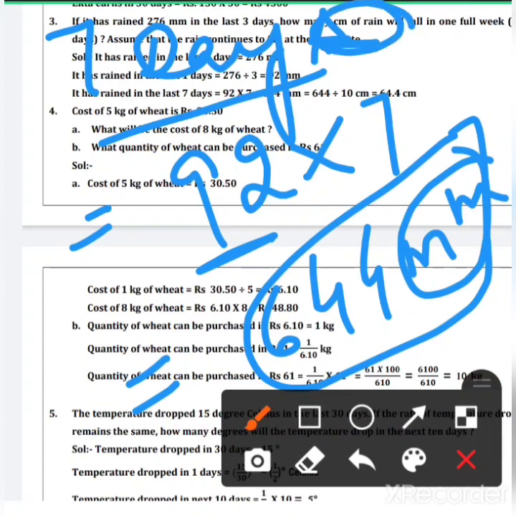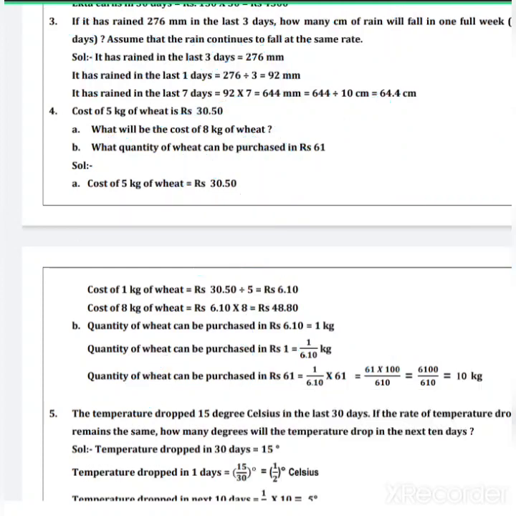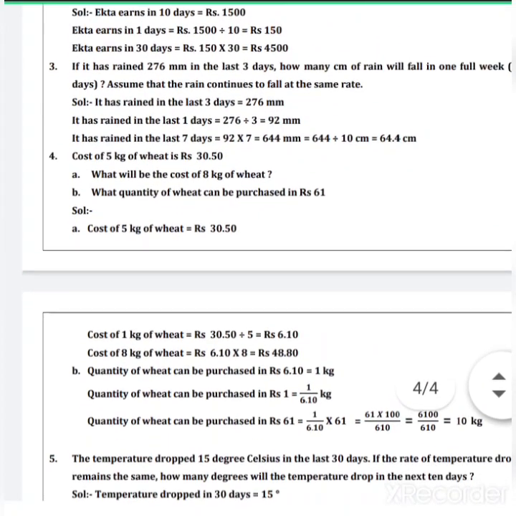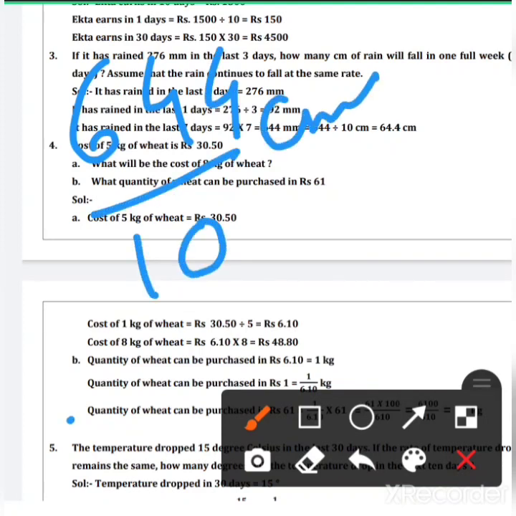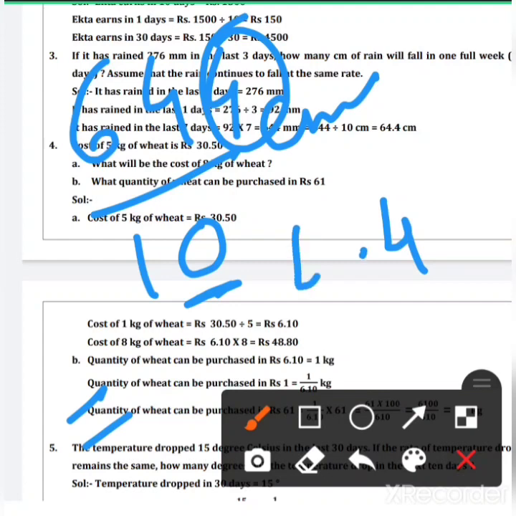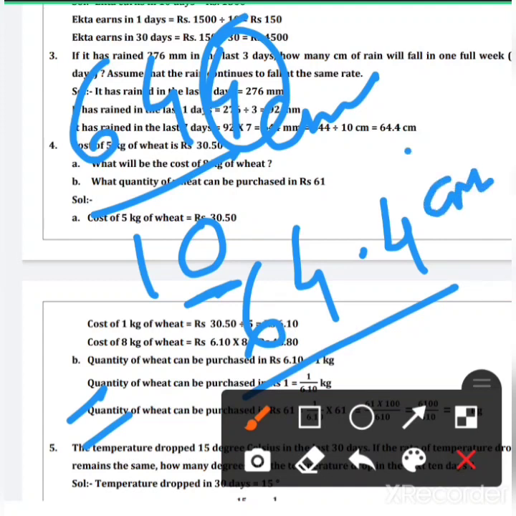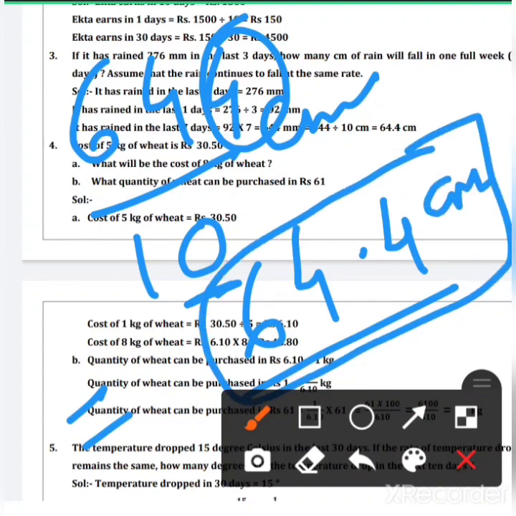We know, so we divide 644 by 10. Here is 0, so move one digit from the unit place and put the decimal. So we get 64.4 centimeter. In 7 days rain falls 64.4 centimeter.